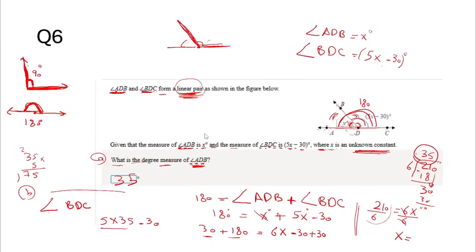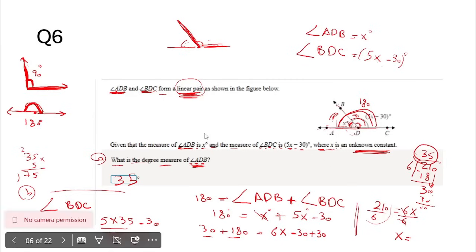Then 175 minus 30 would be equal to 145. So that means this angle BDC will be 145.